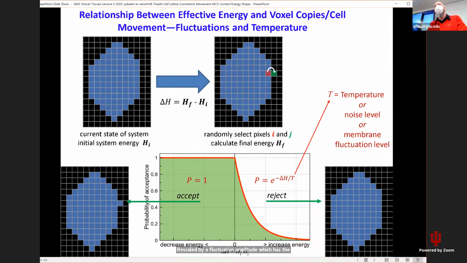And again, temperature is inherited from physics. Biologists don't have to worry about it. Call it membrane fluctuation amplitude. And why it has an exponential form is something that we won't go into here, although if you look in the literature, there are arguments for why it has that exponential.